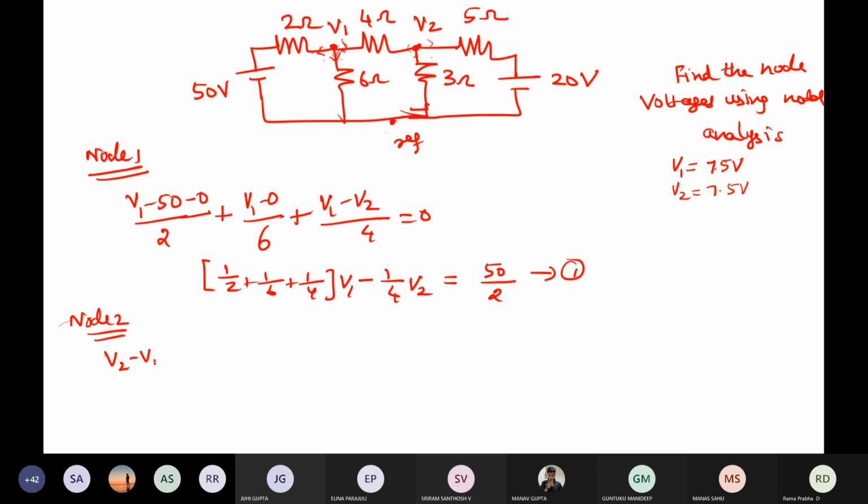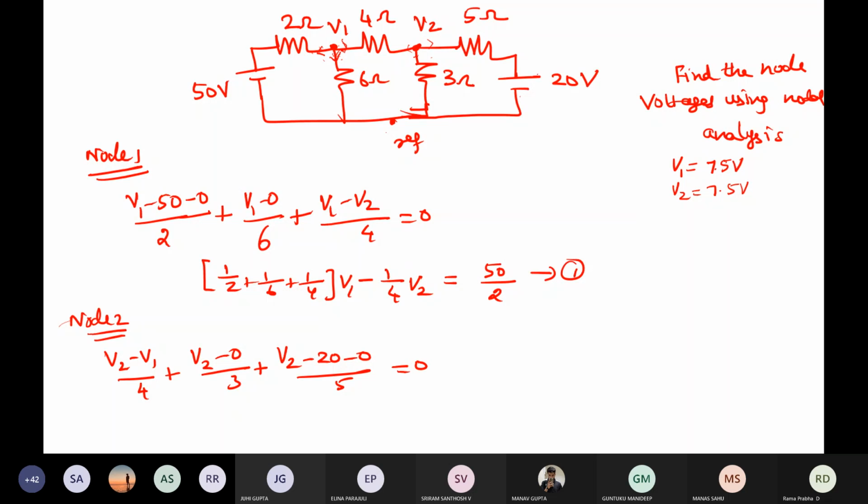So if I write for this branch of 4 ohms, how do you write? V2 minus V1 by 4, isn't it, students? Then for this 3 ohms, V2 minus 0 by 3. Then this one, again, plus to minus, so it will be (V2 minus 20) by 5 is equal to 0.